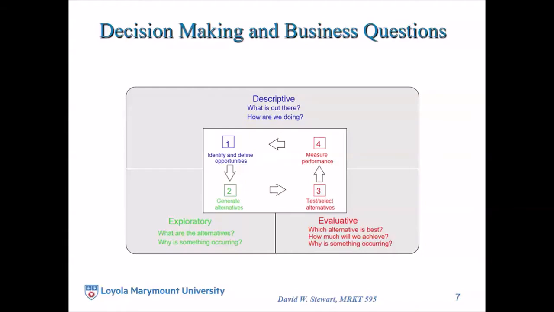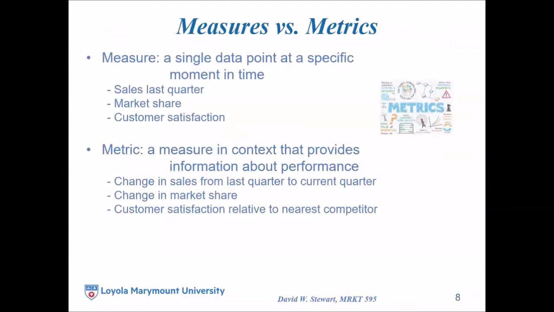Those are kind of descriptive measures. There are things around the generation of alternatives and perhaps why things are occurring. We call that exploratory research. Focus groups would fit in that category. And then there's evaluative research, where we're testing and selecting alternatives. And so the measures that I want to use will depend in part on what kind of question I'm trying to answer.